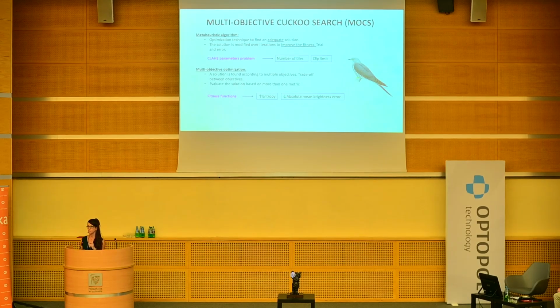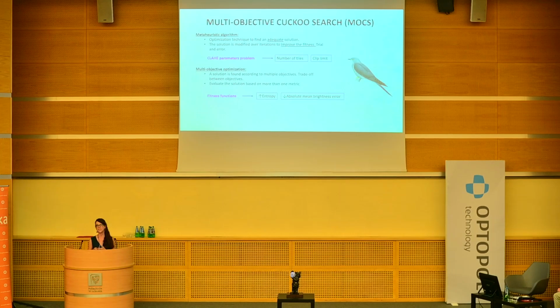And adequate is important, because normally when we use optimization algorithms, we try to find the best solution. In a meta-heuristic algorithm, we just want to find an adequate one. So it's not guaranteed that we are going to have the best solution, but only one that works. And you will say, okay, why don't you use the one that gives you the best solution? It has some advantages. First of all, it is very easy to implement and can be used to solve many problems, and I think the most important is that it is much less computationally expensive than using an exact algorithm.